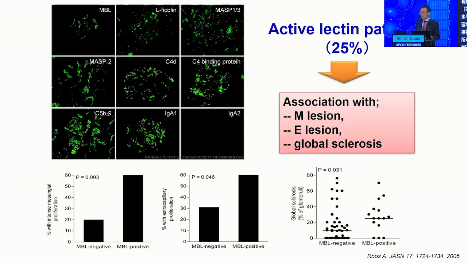However, an active lectin pathway is shown in just 25% of patients with IgA nephropathy. This active lectin pathway is associated with Oxford M lesion, E lesion, and global sclerosis.